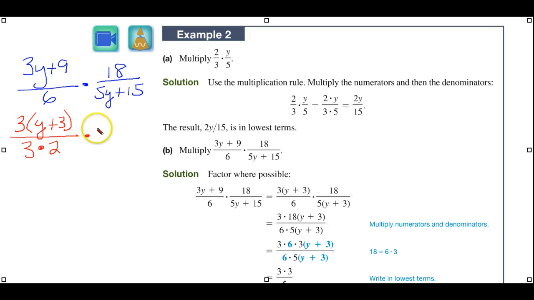And 18 is going to be 3 times 6. And we can factor a 5 out of the bottom here, y plus 5. So now we've factored it quite a bit, and maybe a little bit more than needed, but to show you kind of a strategy that now we can factor out common factors. Now these aren't terms anymore, these are factors.